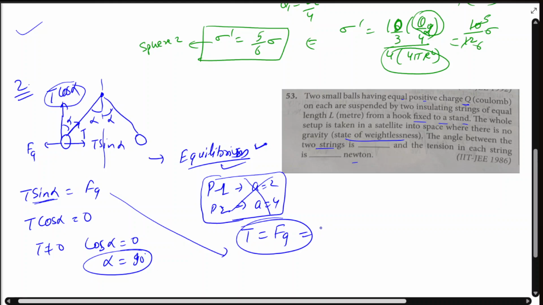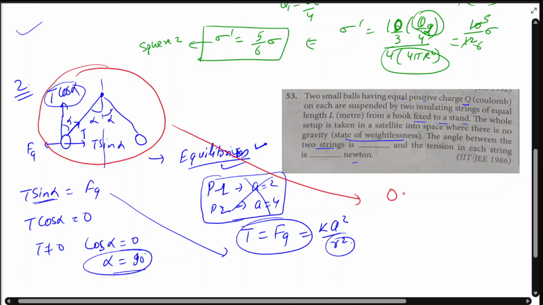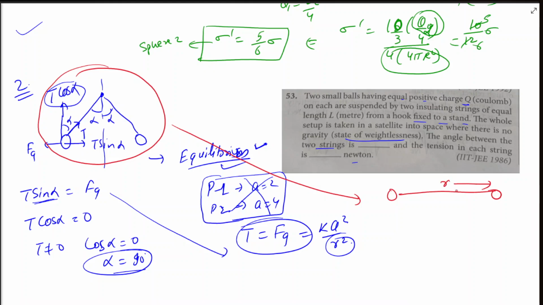We can put the values: KQ square by R square. Okay, so look, what will be the R square? This I have to put. So alpha is 90. That means this whole situation should be like this, right? So R will be this.